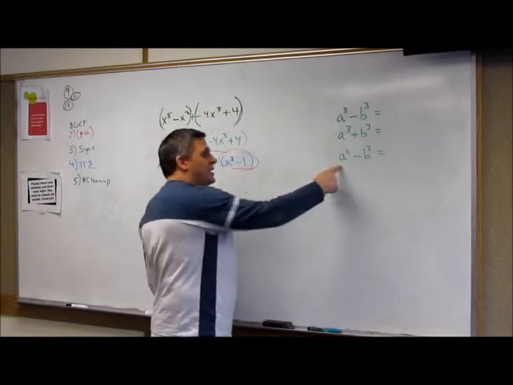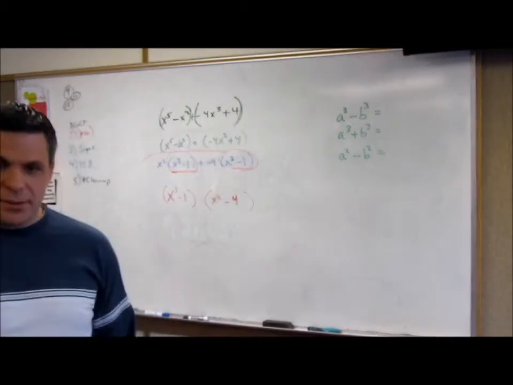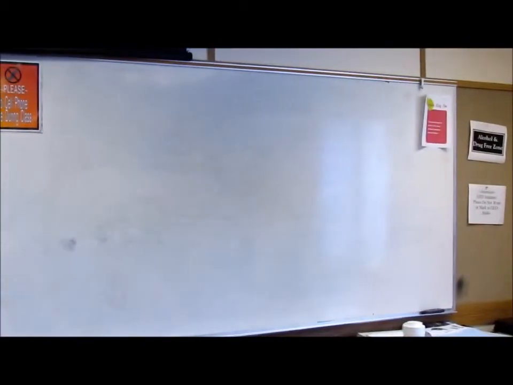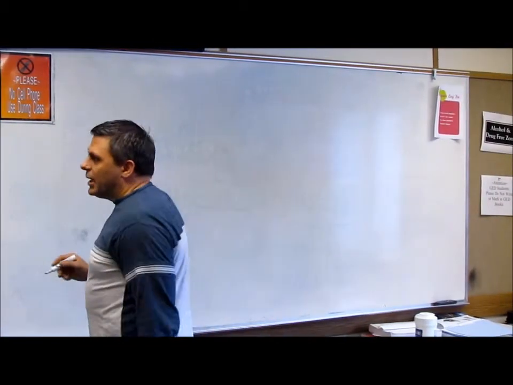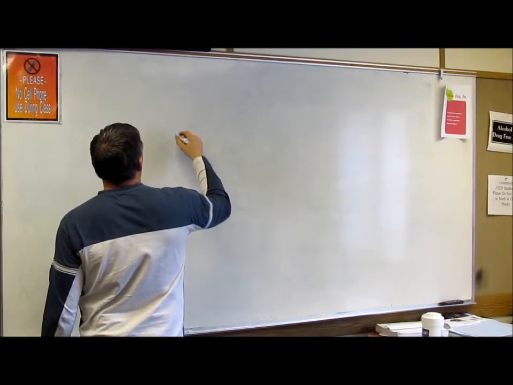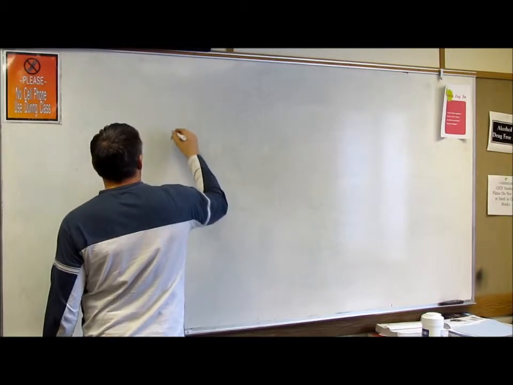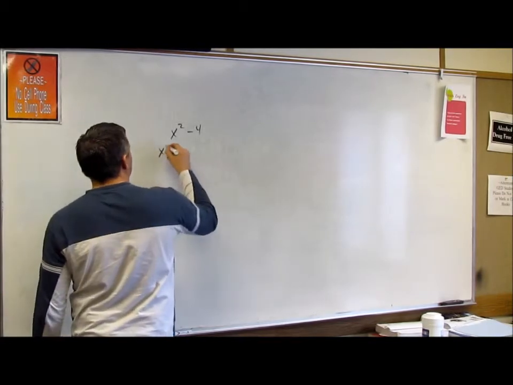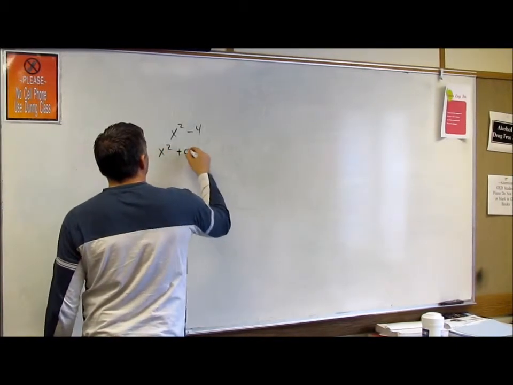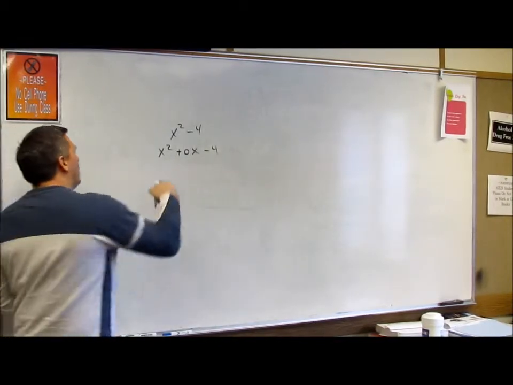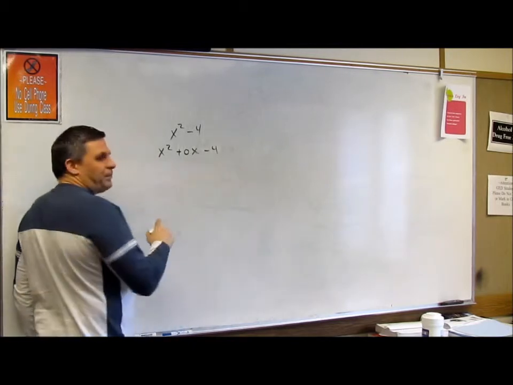When we do A squared minus B squared, okay? This is going to become 2 pieces, and I'm running out of battery, so. Okay, so let's think of something like x squared minus 4. This is a really easy one to do. Remember, this is x squared plus a 0x minus 4. If I did the 5-step method, I would say GCF is none.